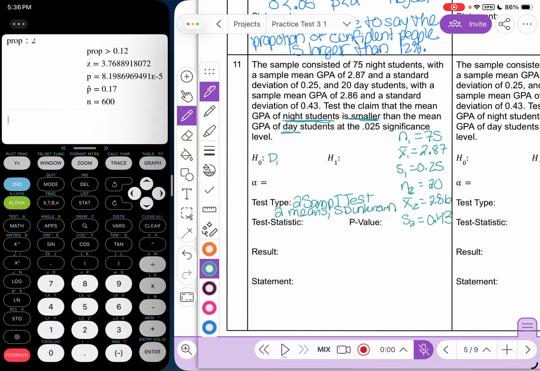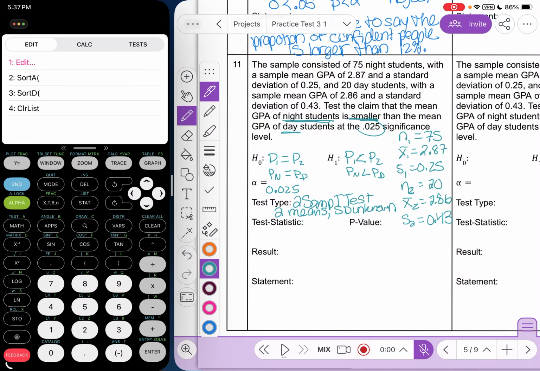So for H naught, it's always equals, and H1 is less than. You can write it as 1 and 2, or you can write it as night and day. Whatever's easier for you, as long as you find some way to tell me which one's 1 and 2. Then it says the 0.025 level of significance. So that's our alpha.